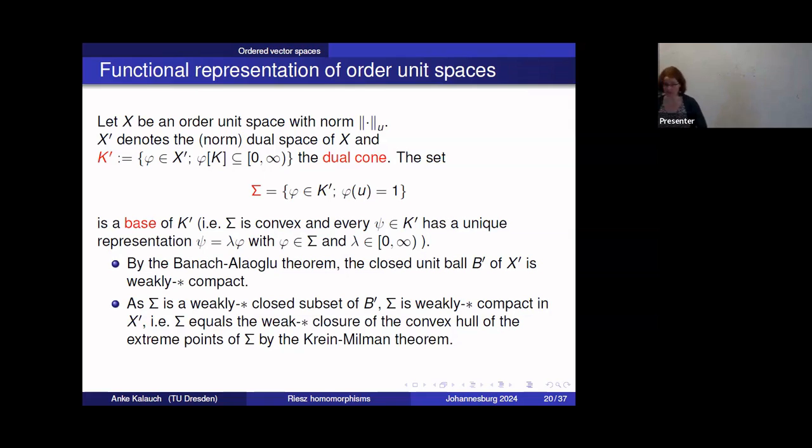And this cone is very nice. It has a base, sigma, which consists of all functionals that are one on your order unit. The space has nice properties. It is weakly star compact, and so it can be represented by Krein-Milman theory by the set of extreme points.